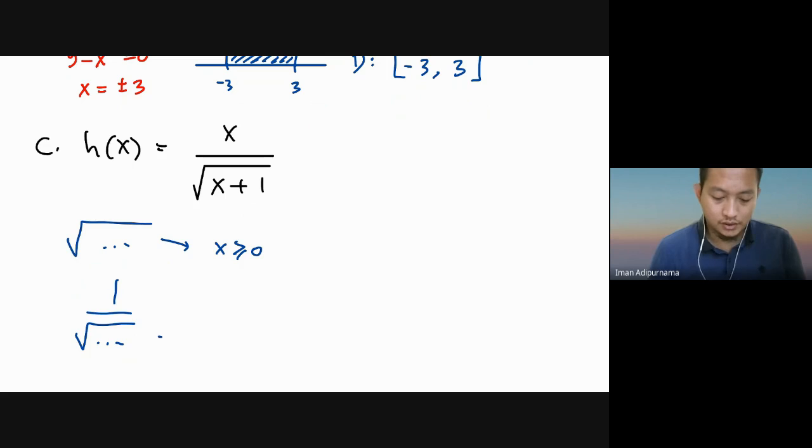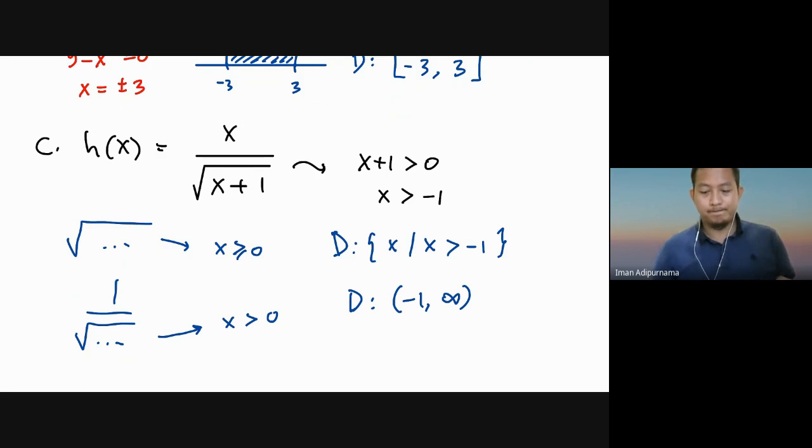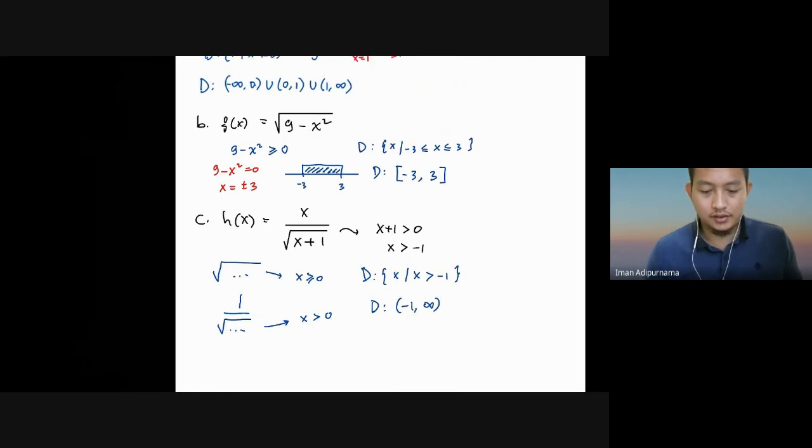So x should be greater than 0. That means in our case here, x plus 1 needs to be greater than 0, or x needs to be greater than negative 1. So the domain will be... or you can write the interval. Okay, I think that's just the example.